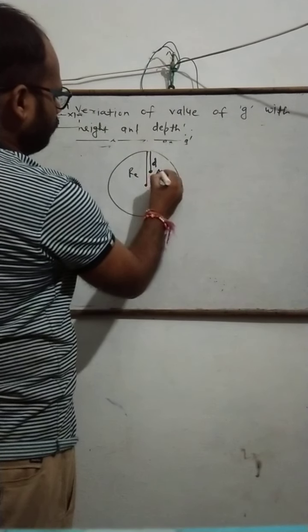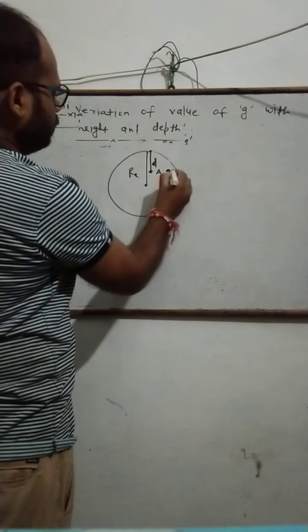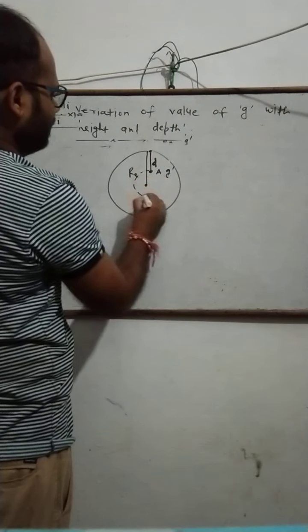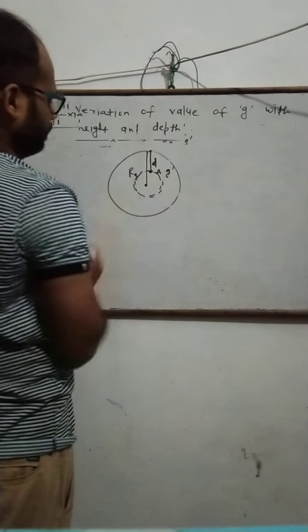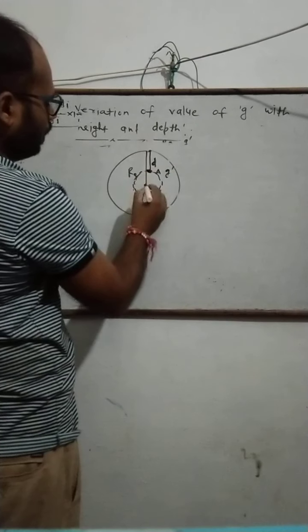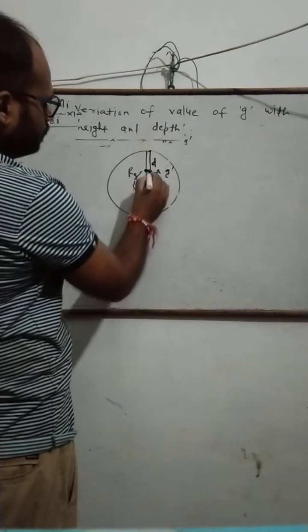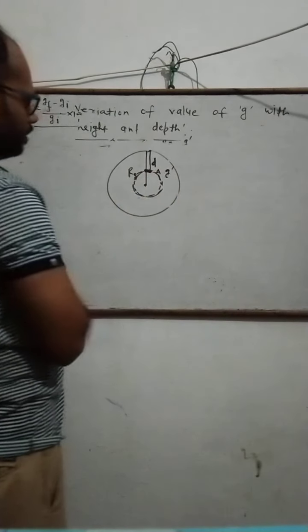You are here at point A, so you have to find out the value of g here. Let it be g dash. So draw a Gaussian surface at this point. The gravitational field at this point will be only due to the mass enclosed by this Gaussian surface.